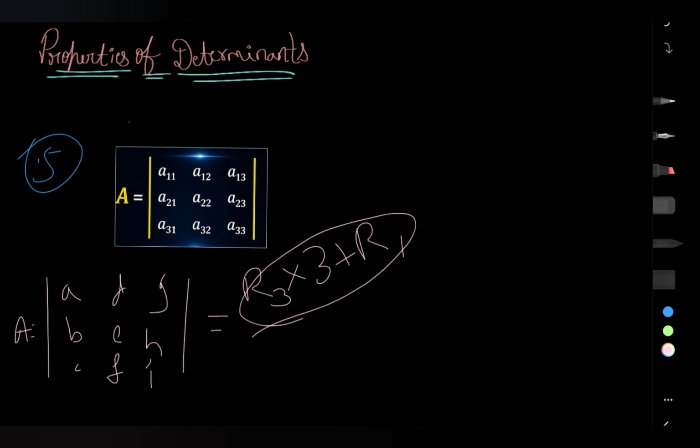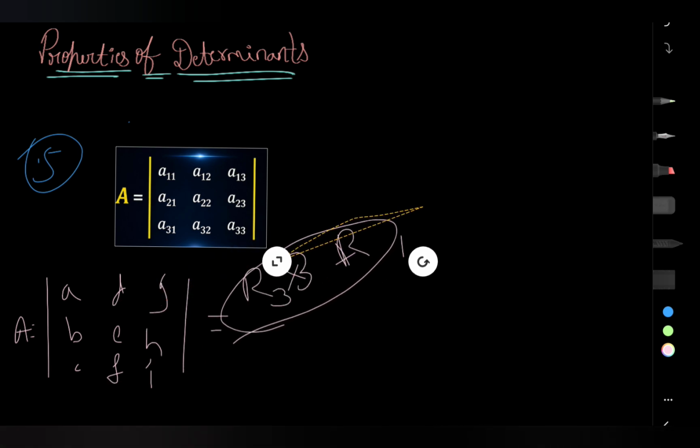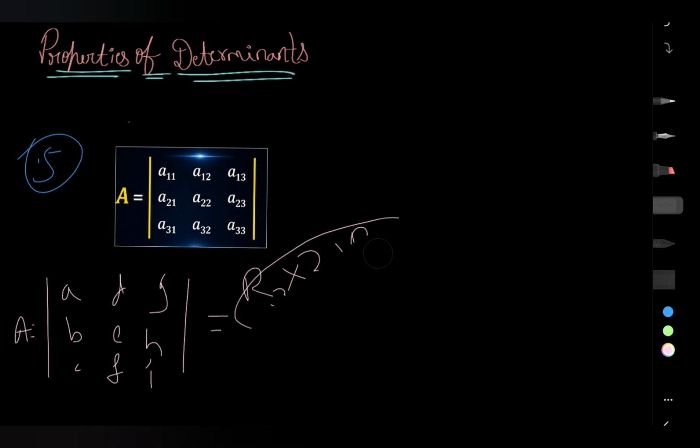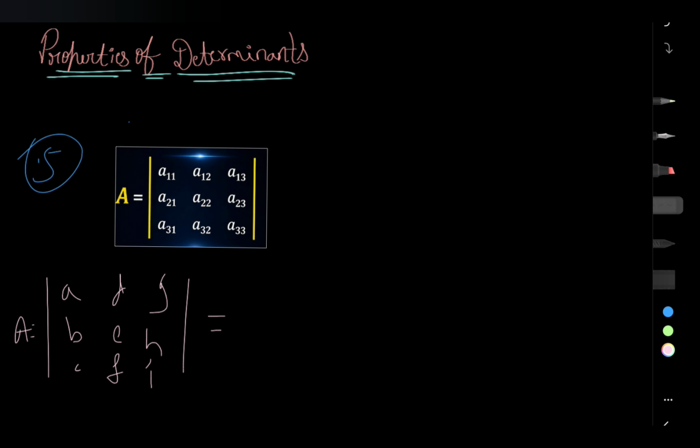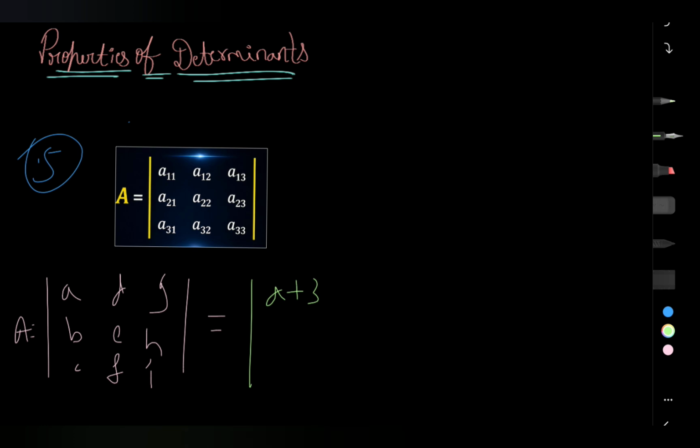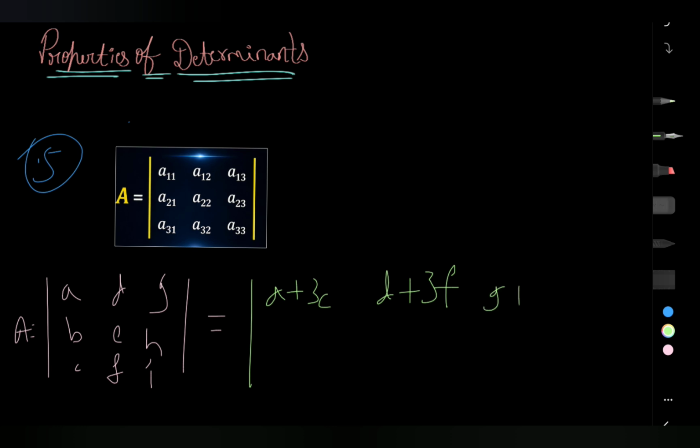So I multiply the third row and add it to the first row: A plus 3C, D plus 3F, and G plus 3I, and here as usual B, E, H, and C, F, I. So what will be the value of this?